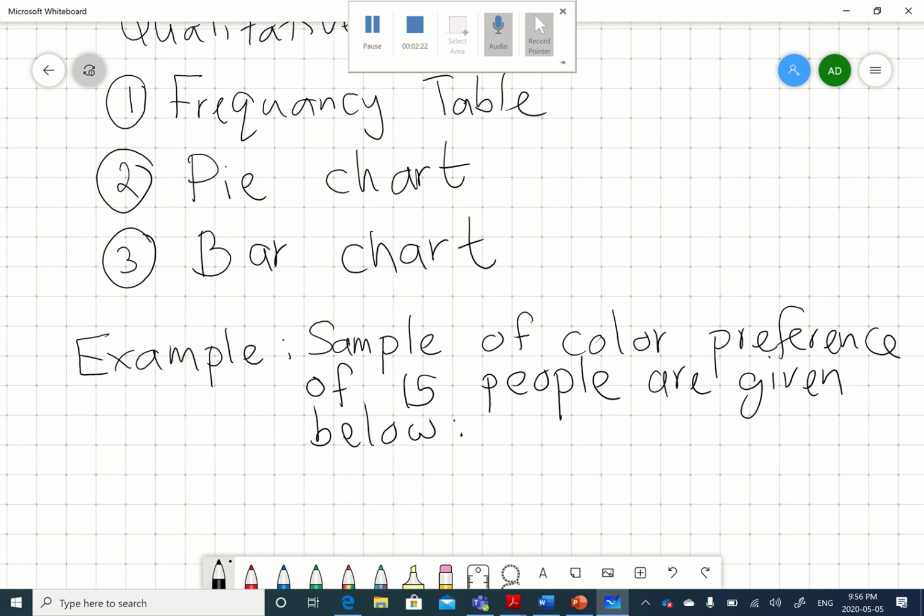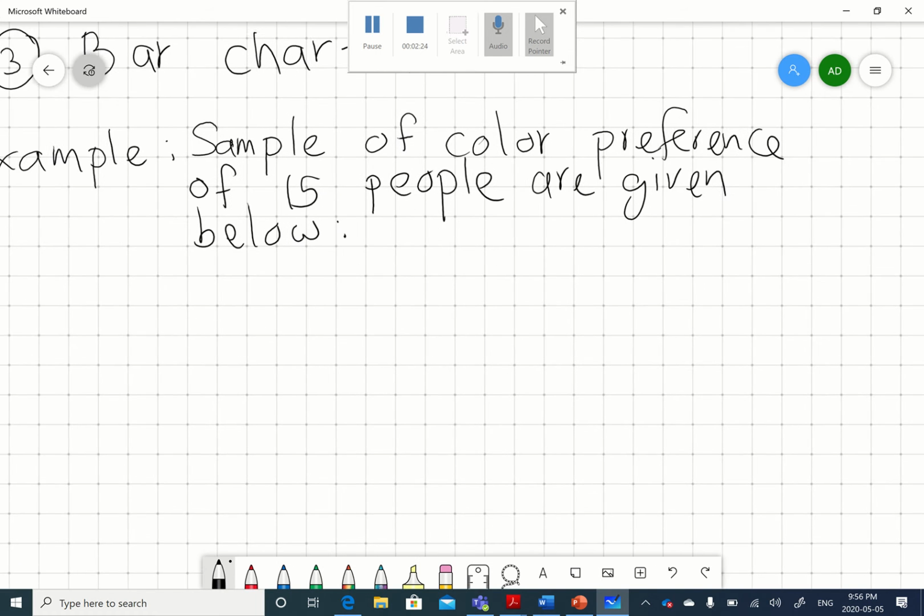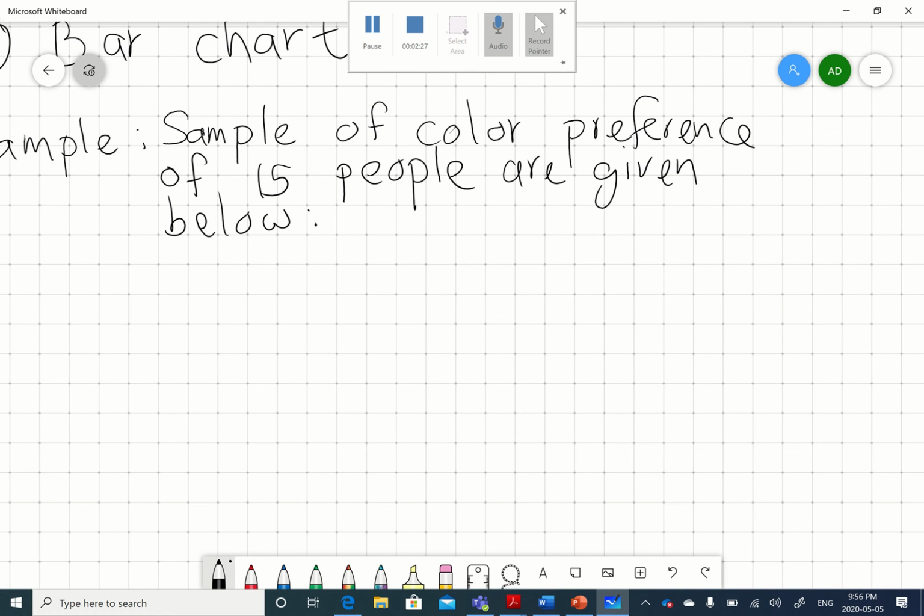To make it simple, let's say that whenever we observe the color preference, we provide three different colors. So let's say that we ask these 15 people to pick a color from these three: Y for yellow, R for red, and B for blue.